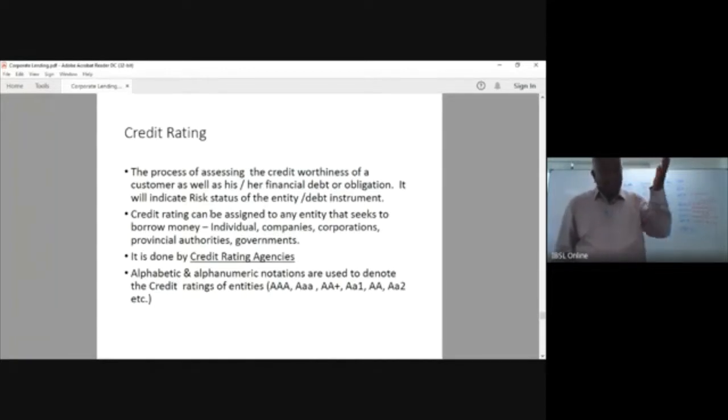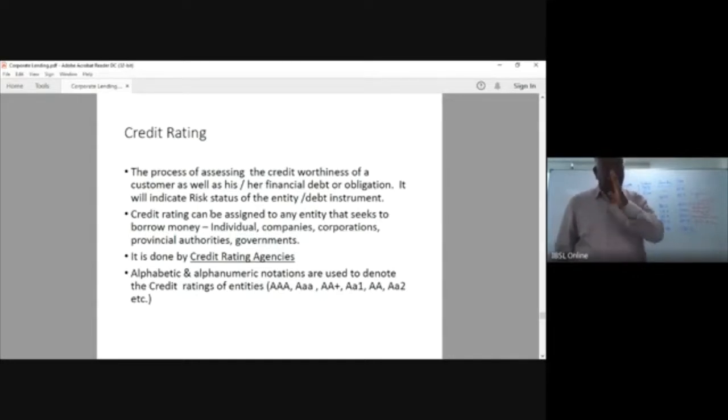So it can be an individual, companies, corporations, provincial authorities, even governments. Sometime back, even Sri Lanka got the credit rating for the government.